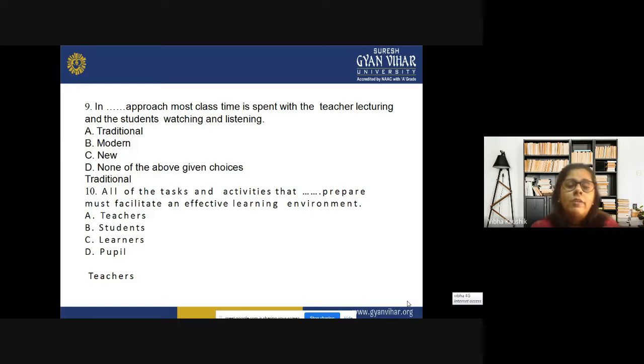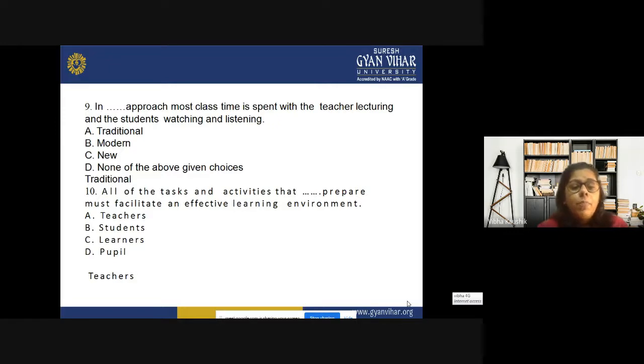Who prepares those tasks and activities in such a way that they will definitely facilitate and motivate an effective learning environment, in which there is better learning of the learners, and they engage themselves in the learning process, and they effectively learn in a better manner and their achievements are better?